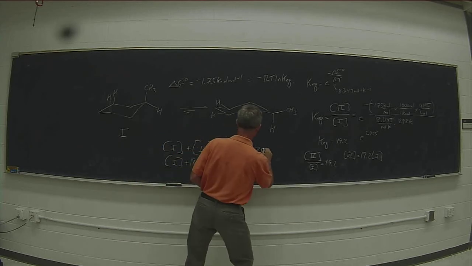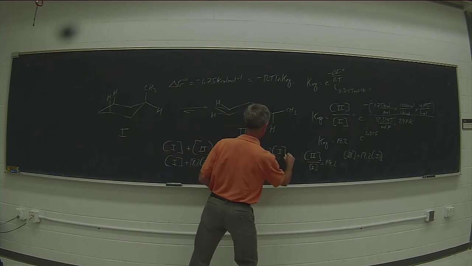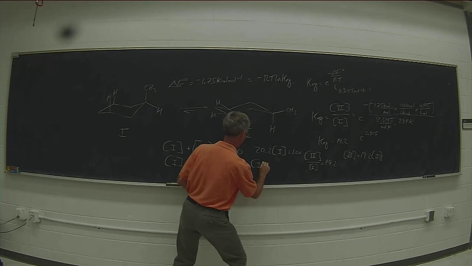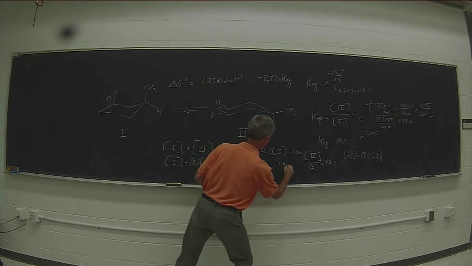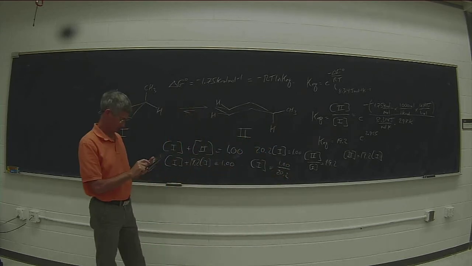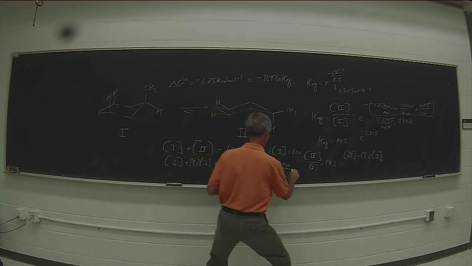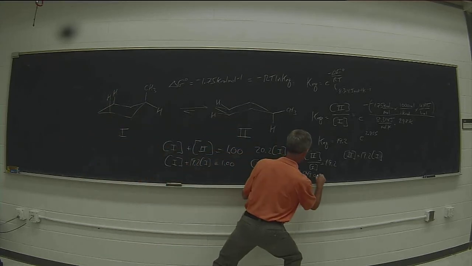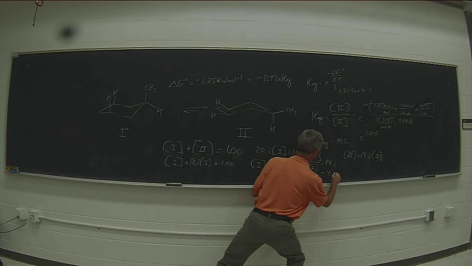So 20.2 times the concentration of chair 1 is equal to 1.00, and the concentration of chair 1 is equal to 1.00 over 20.2, which is equal to 0.049, or approximately 4.9%.